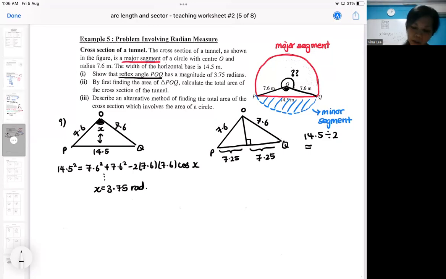Some of you may prefer to find it through normal trigo. This one will be opposite, this one will be hypotenuse. So some of you might prefer to find it like this, and you do your sine inverse.